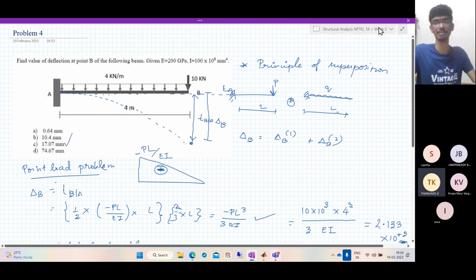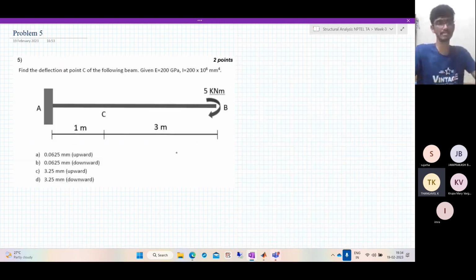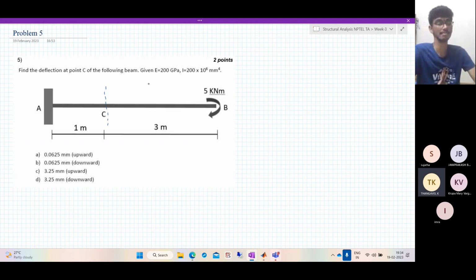Let's go to the next problem. Find the deflection at the point C of the following beam. It's a very, very simple problem. You are asked at an internal point. So directly apply the moment area theorems. And what is the tangents?